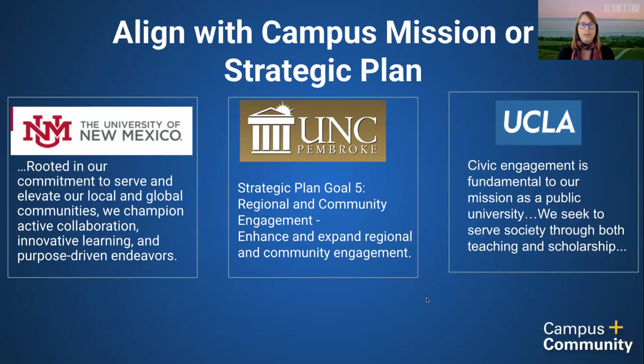UCLA has done some incredible work to promote community engagement, both through its strategic plan and its mission. But the mission statement says civic engagement is fundamental to our mission as a public university. We seek to serve society through both teaching and scholarship. So serving society, I think, is the key words there.